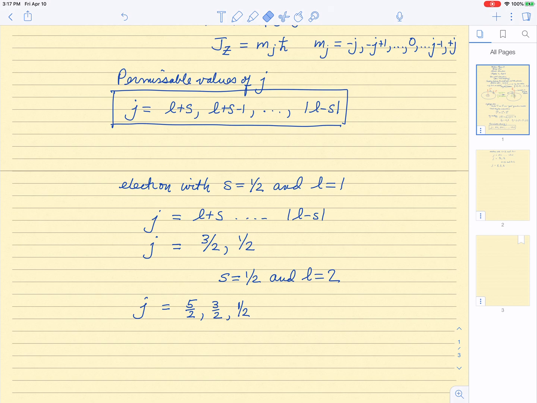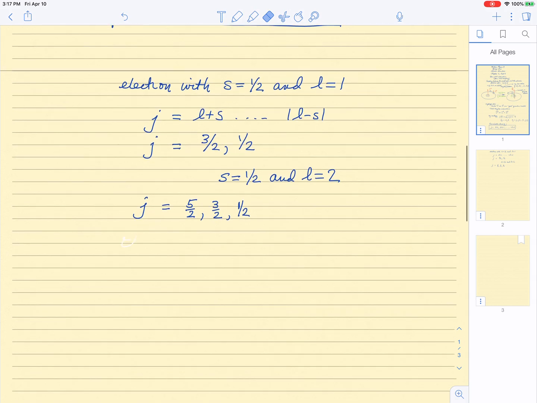So we can invoke the vector model that we've used previously.